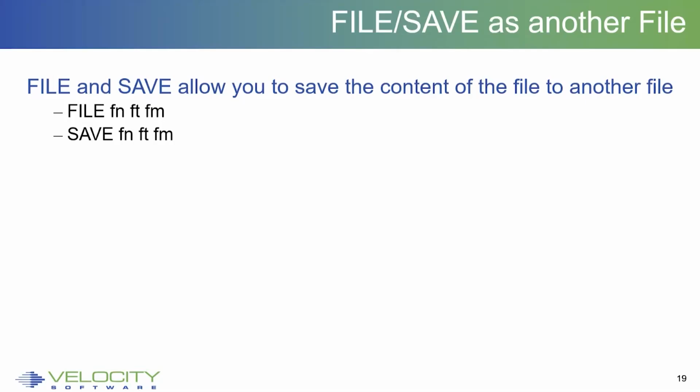If that file already exists and you want to overlay it, you would have to use file or save. And if it does exist and you're trying to write over the file, XEDIT will come back and tell you that it exists and to use those commands.